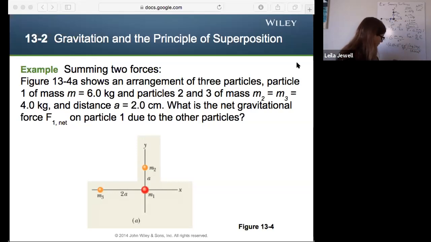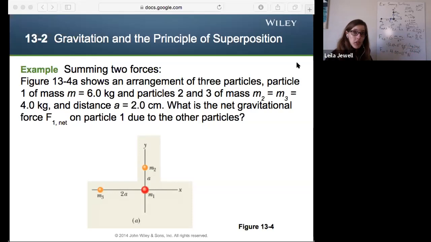Right, and we get this fairly small number, 4.00 times 10 to the minus 6, with what units? We can double check, right? Because of the units here, the kilograms will cancel out, the meters will cancel out, and we're just left with the units that we expect for a force, newtons. So that's the force on 1 due to 2.